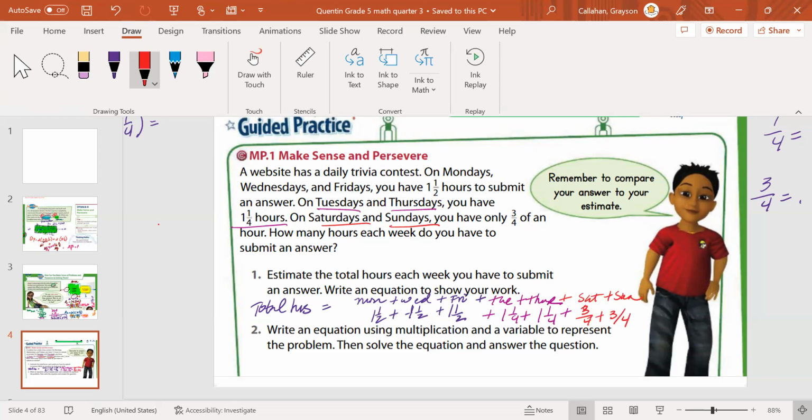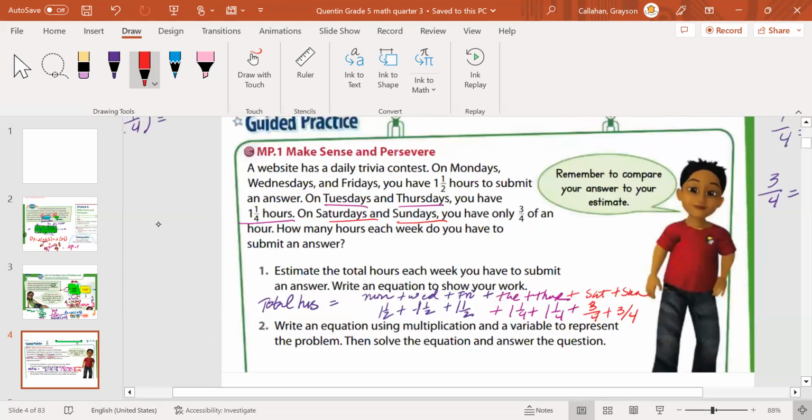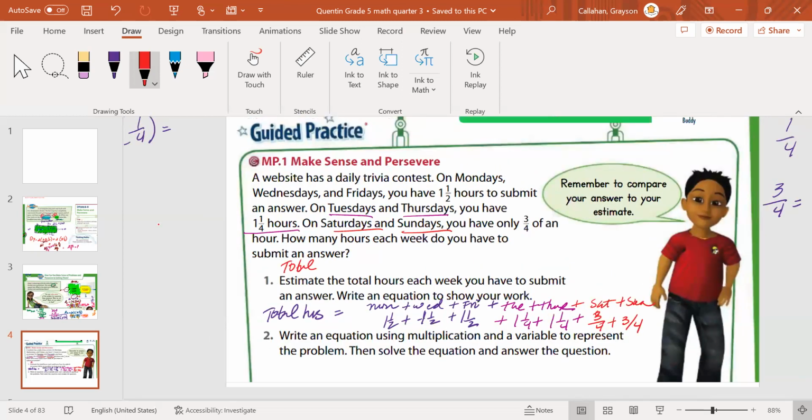Do you see how there's a lot of writing with this one? So another way that we can do this is total hours equals Monday, Wednesday, Friday. There are 3, 3 times 1.5, right? Tuesdays and Thursdays, 2 times 1.25. Saturday and Sunday, 2 times 3/4. So you go ahead and multiply that out and let me know what you get.